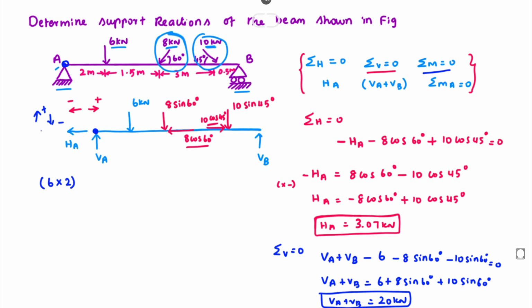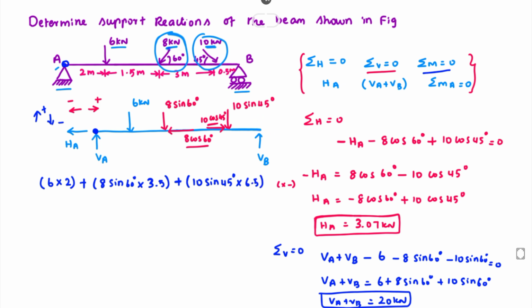This is clockwise, and the 8 is also clockwise. So we take plus 8 sine 60 into the total distance 3.5. Again we have plus 10 sine 45 degree into the total distance 6.5.